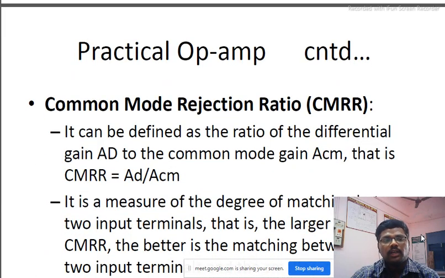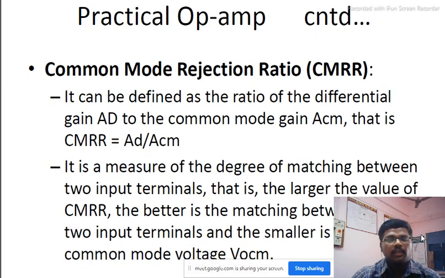Next, it is very important. Define common mode rejection ratio or CMRR. It is defined as the ratio of the differential gain AD to the common mode gain ACM.